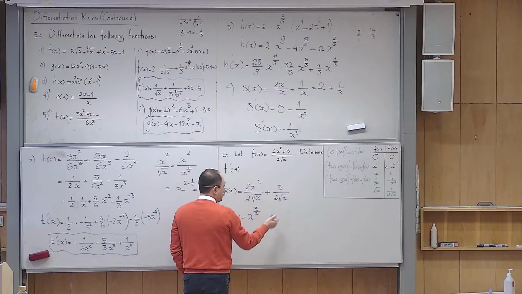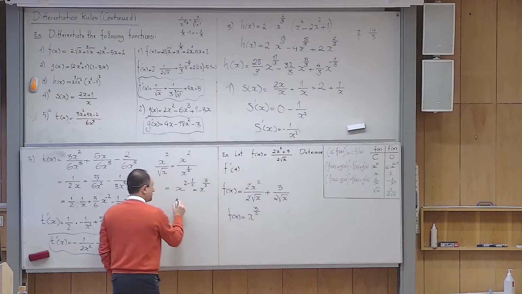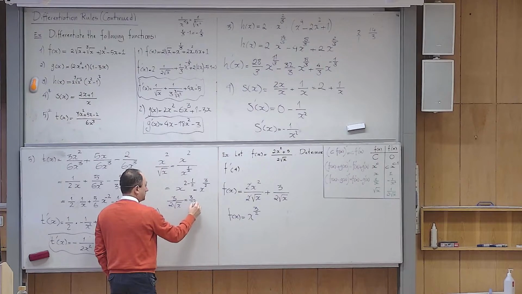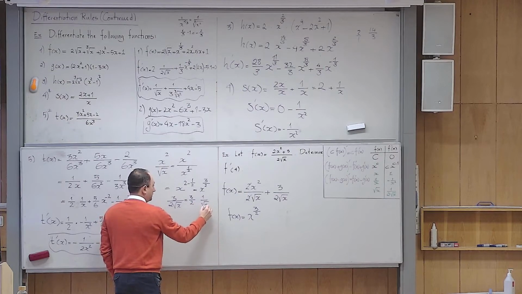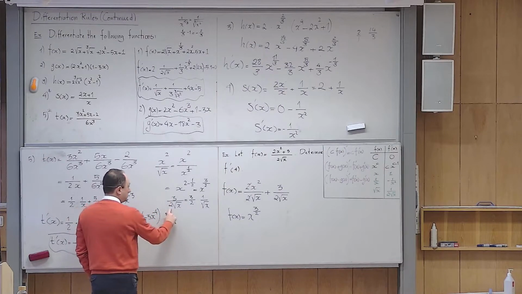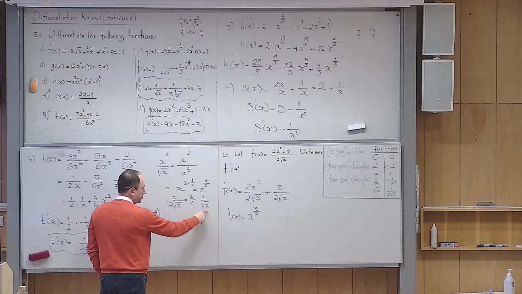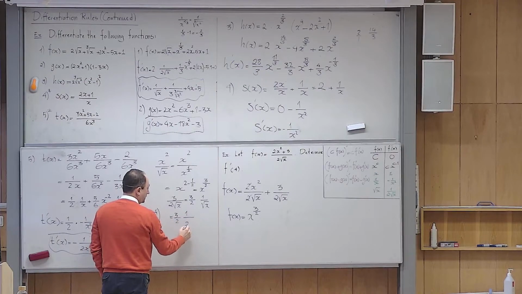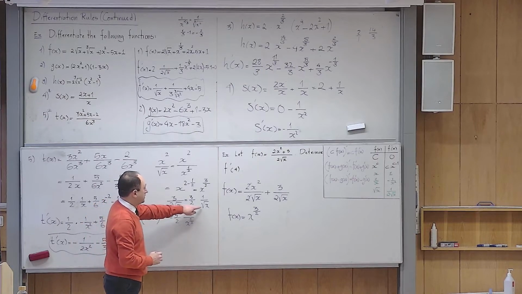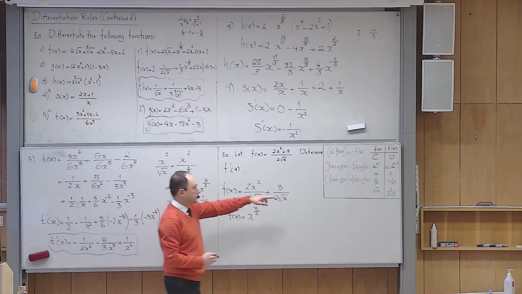And then here, what should I do? Let me write it here as well for you. So 3 over 2 square root of x, you need to interpret it in that way yourself. If you think you will forget, try to write all the details, okay? So this is the way you need to think about it. And then 3 over 2, and then I have 1 over x to power 1 half. Don't get confused. Don't say that I will not touch it because I have it in the formula.